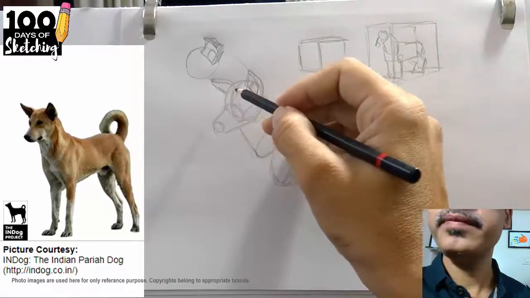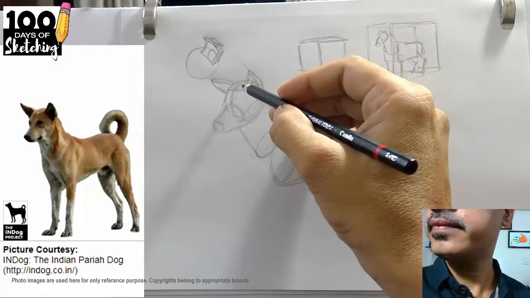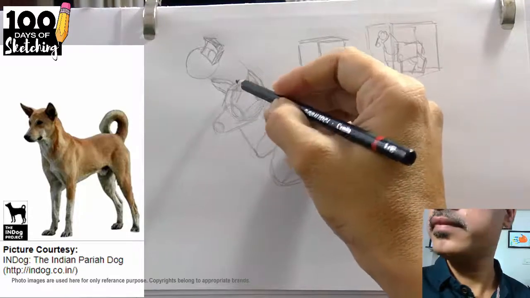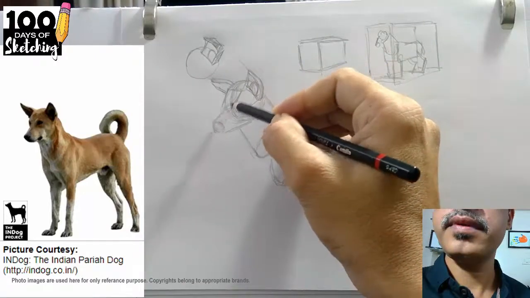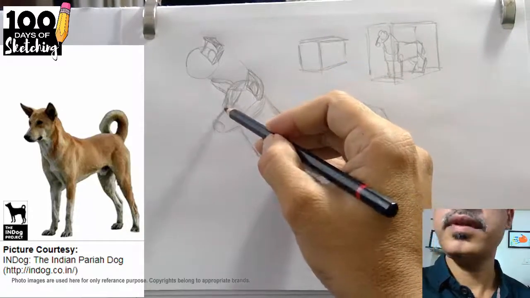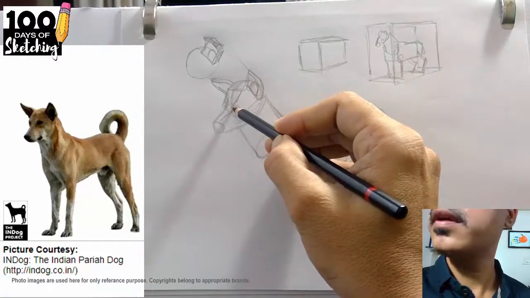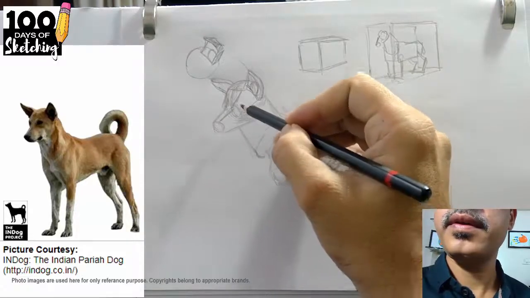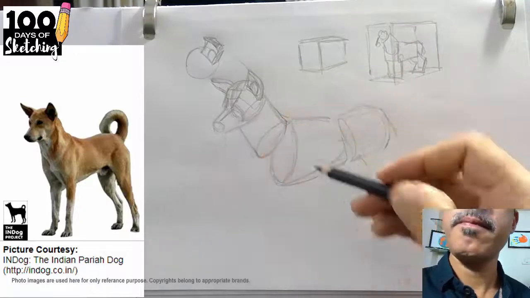Over here I can see this plane, and this is dimensional. So you can see these curvatures.